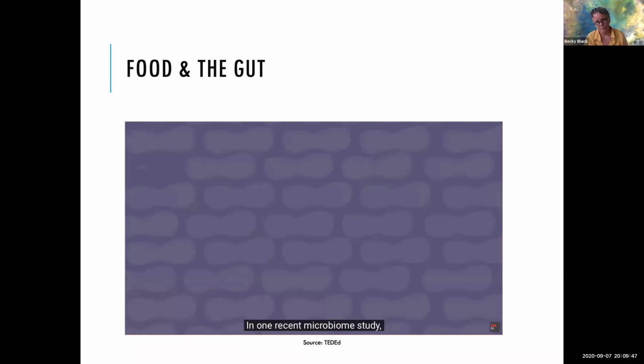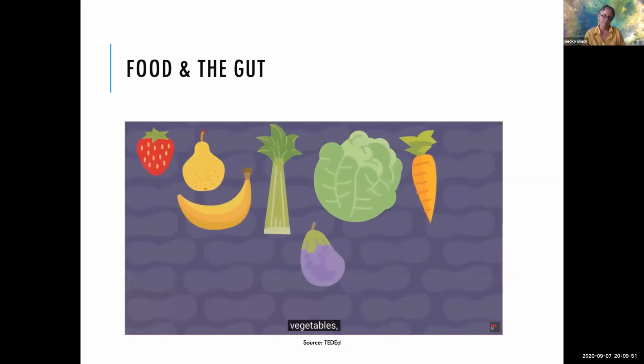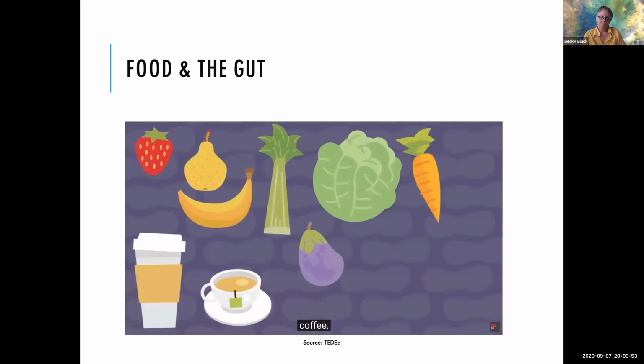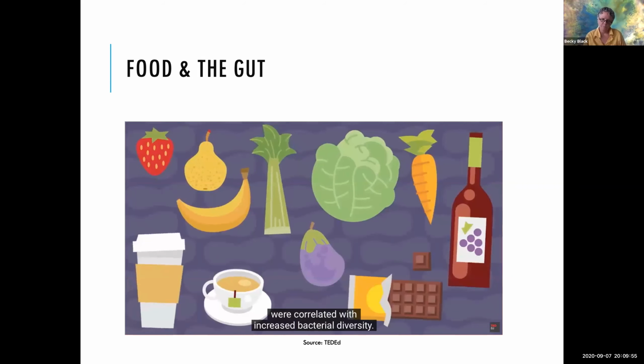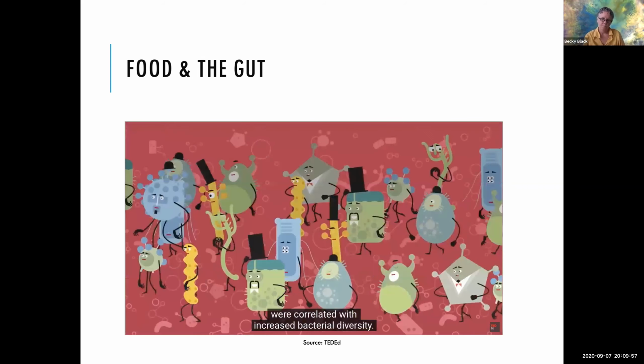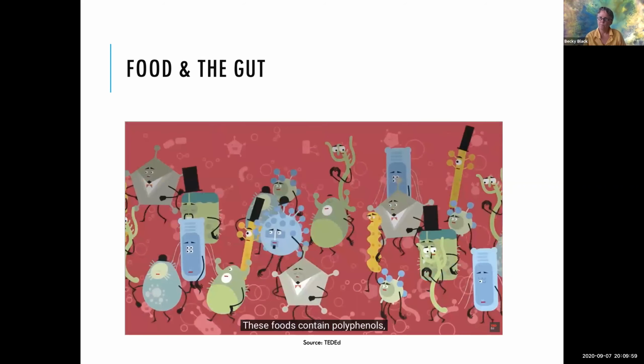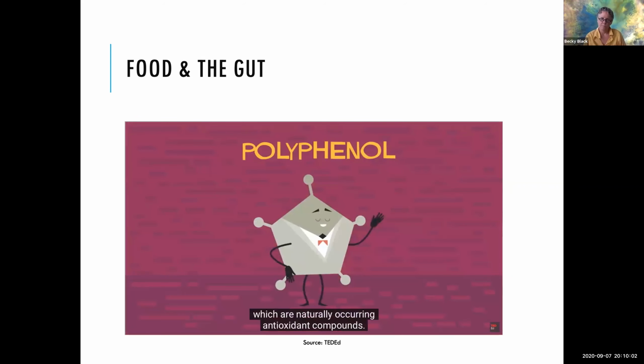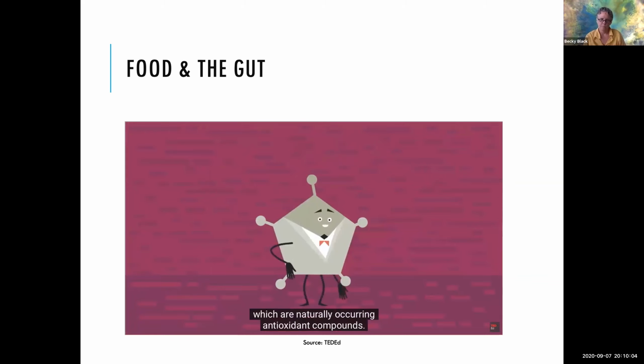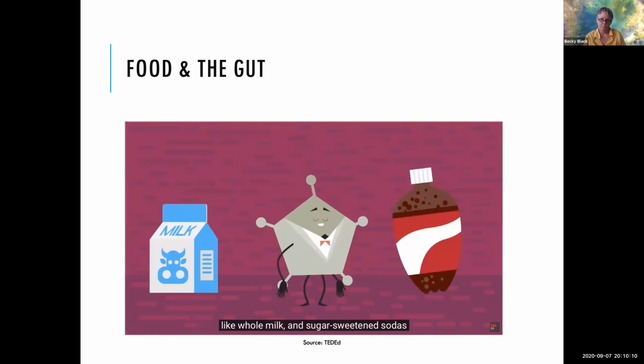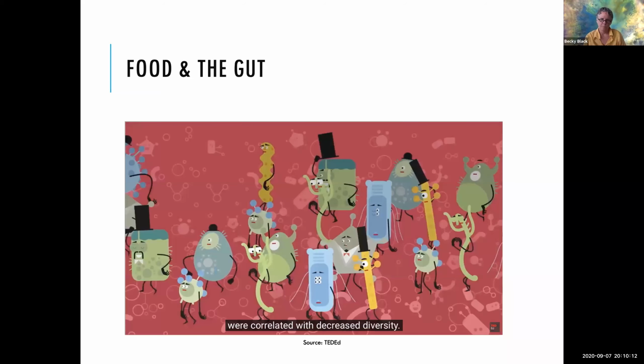In one recent microbiome study, scientists found that fruits, vegetables, tea, coffee, red wine, and dark chocolate were correlated with increased bacterial diversity. These foods contain polyphenols, which are naturally occurring antioxidant compounds. On the other hand, foods high in dairy fat, like whole milk, and sugar-sweetened sodas were correlated with decreased diversity.